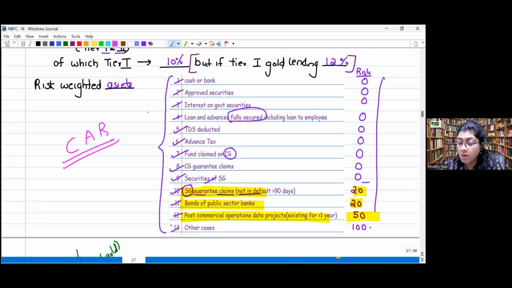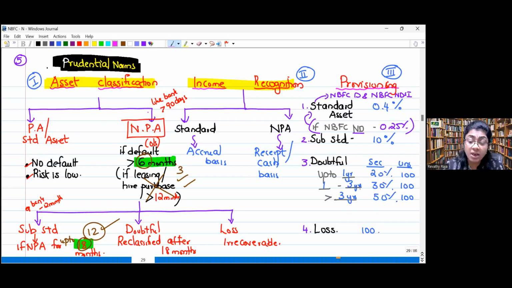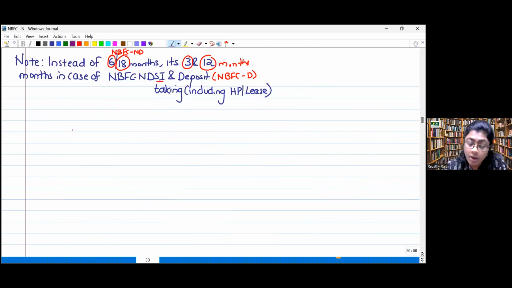There are prudential norms. How many norms? There are 3 norms. 1, asset classification. 2, income recognition. 3, provisioning. Here I will ask you questions, so that it will be revision. For NBFCs in usual cases, when will it be NPA?